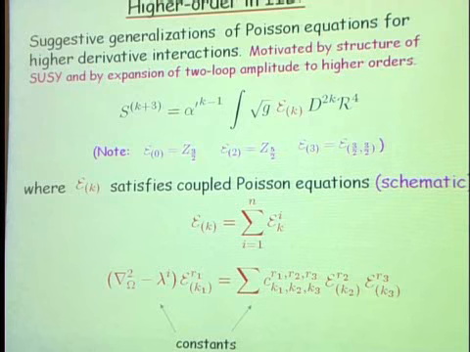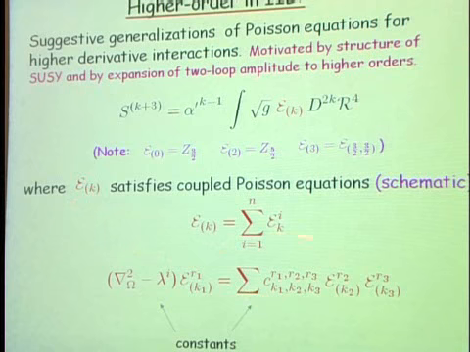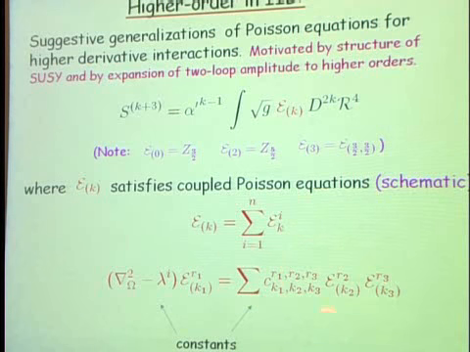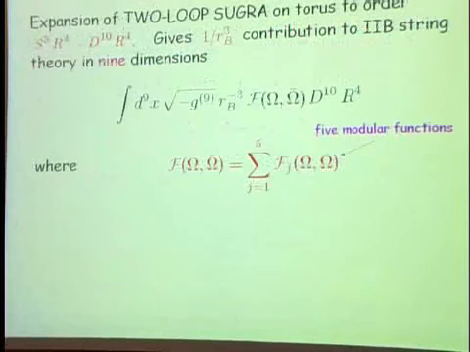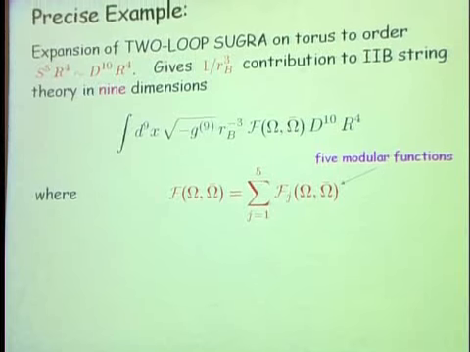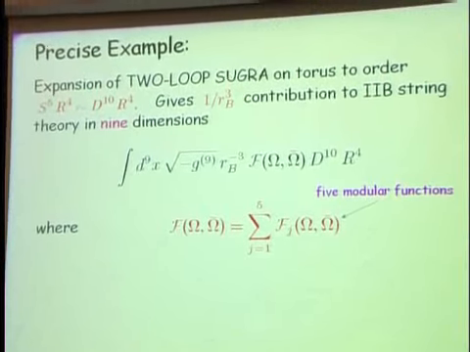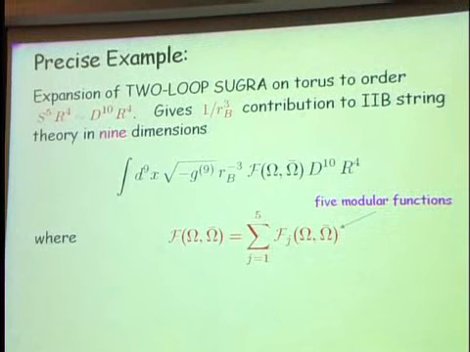One of the reasons for believing this is true is the schematic supersymmetry argument I gave before, which indicates at least that you can get such a structure and that you always have a quadratic source on the right-hand side. You can also go further in a very precise way. You can expand the two-loop amplitude I've been talking about to yet higher order, and we've systematized this and gone to quite high orders.